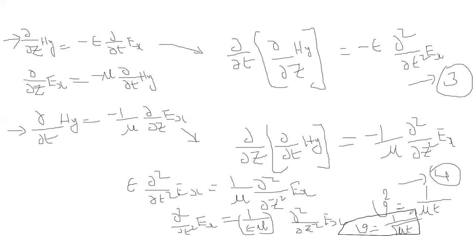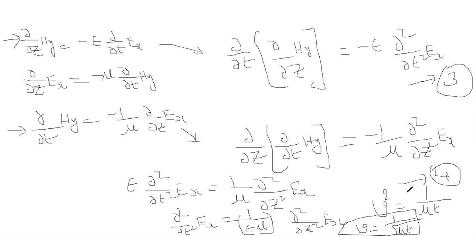This is the velocity of the wave, the wave velocity, or velocity of propagation. Equating the equation, dou square by dou t square Ex is equal to V square into dou square by dou z square Ex, where V square is equal to 1 by mu epsilon.